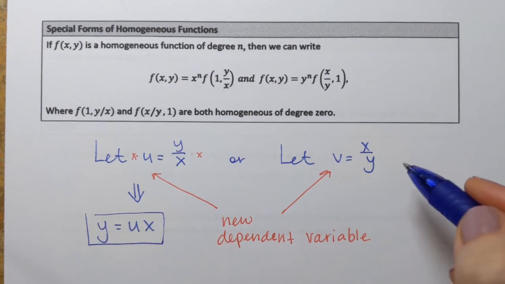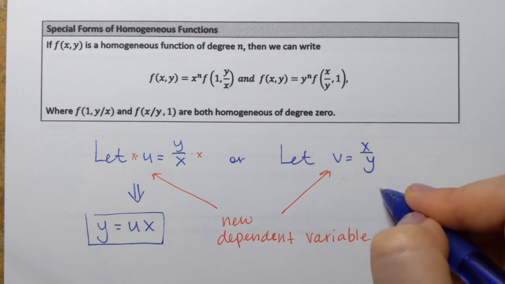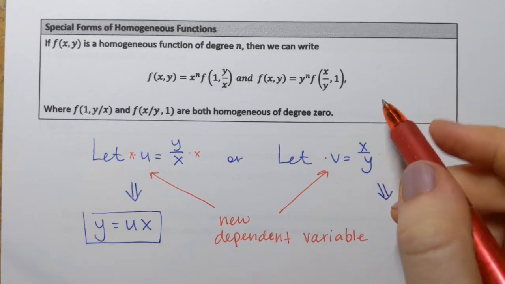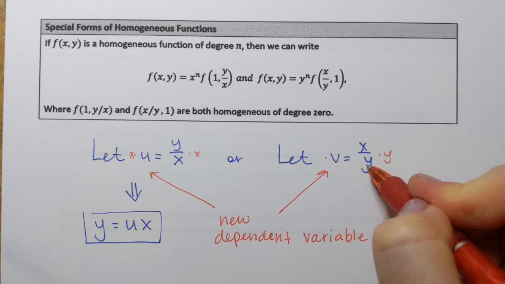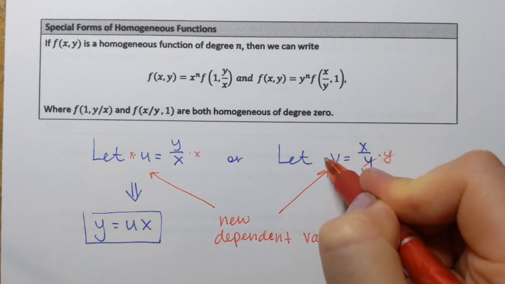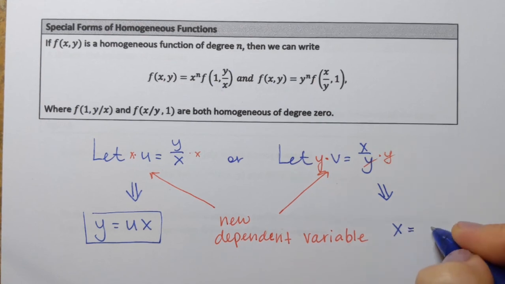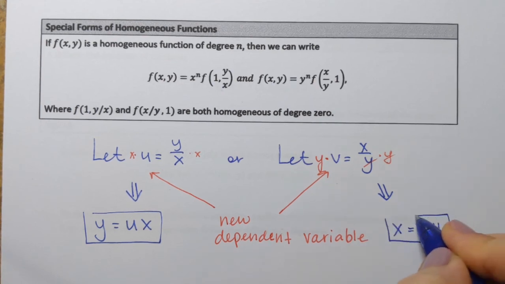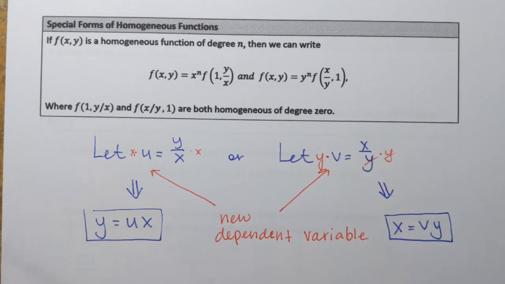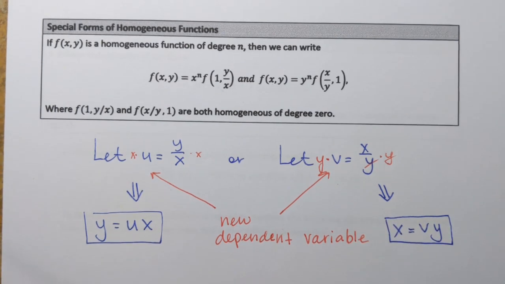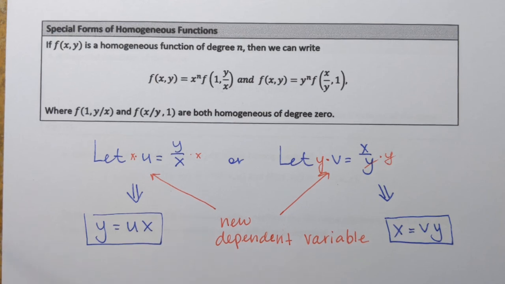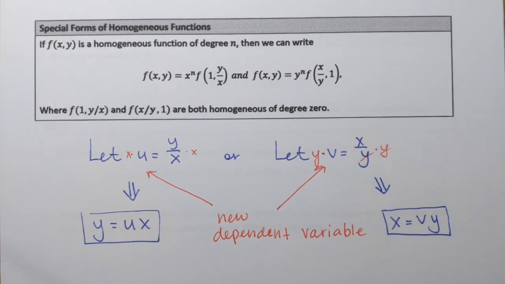And then for this one, if I want to get x by itself, then I'll have to multiply by y on each side. So that means that x equals v times y. And yeah, that's the substitution that we'll see as we start solving homogeneous first-order differential equations, and that will give you a better idea where this all came from.